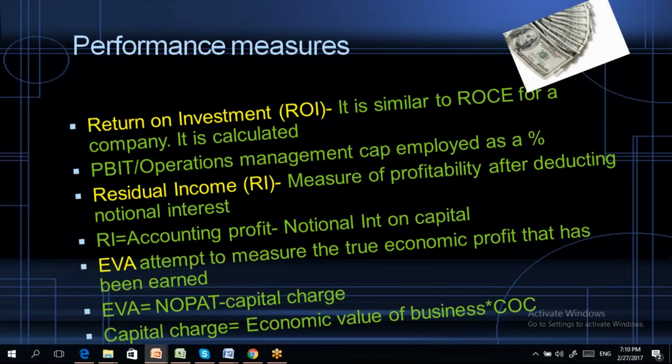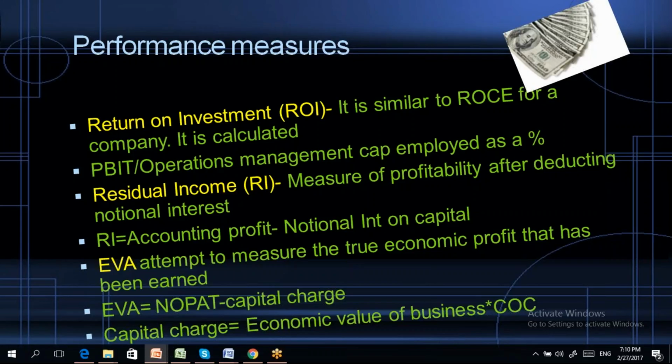So what are the differences between economic value added and residual income? You can see they are almost the same. Residual income is accounting profit minus notional interest. Economic value added is net operating profit after tax minus capital charge. I want you to note down the differences.